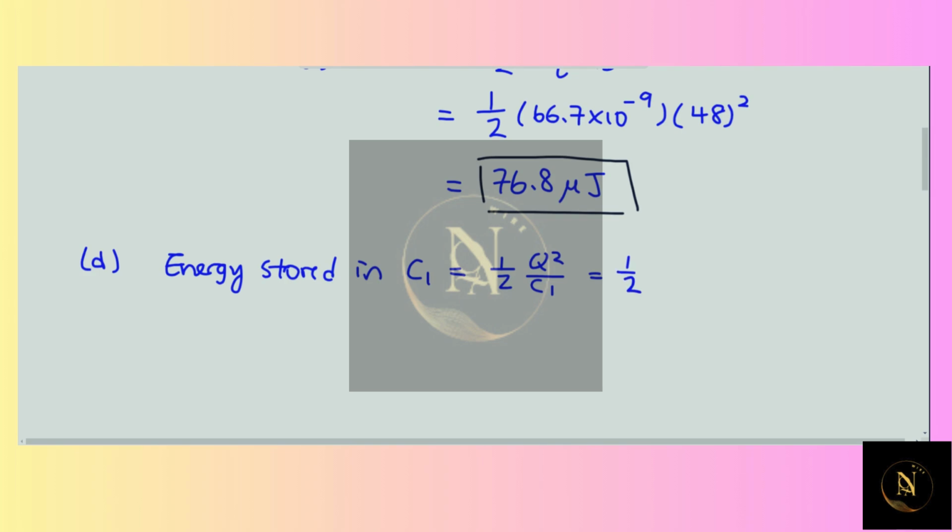You just substitute the numbers. You calculate this, you get 34.1 microjoules. This is the 150 nanofarad capacitor.